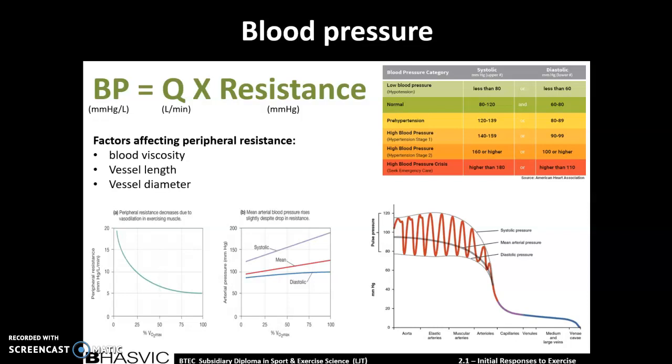A healthy blood pressure would be 120 over 80, which is the usual values for it, with the 120 being the systolic blood pressure and the 80 being the diastolic blood pressure.